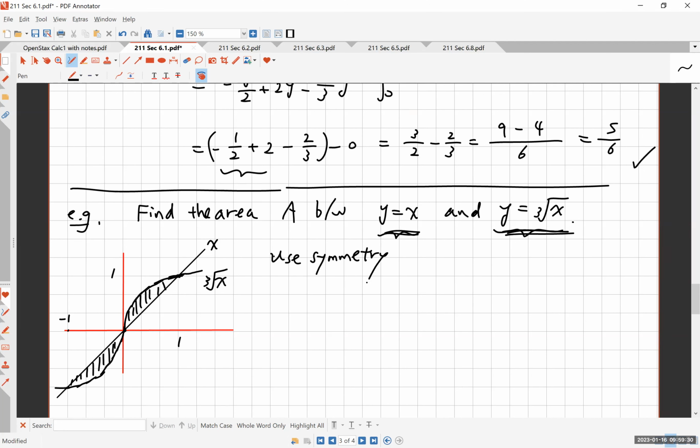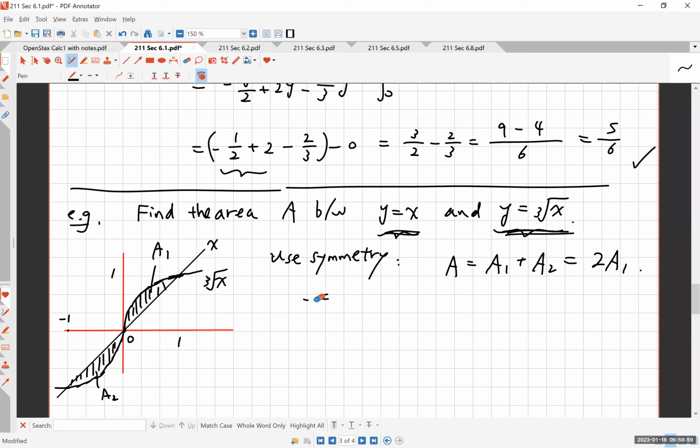In fact, in this case, you're supposed to find the sum of this area and this area. Let's call this area 1 and area 2. So what you're trying to find is this, okay? But you can easily see by symmetry that the area is going to be 2 times the area 1, which is what I call this one, okay? So the area 1 can be found.